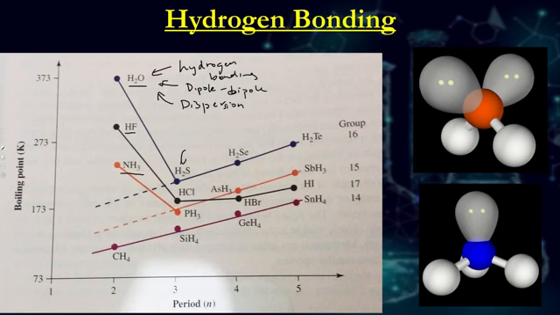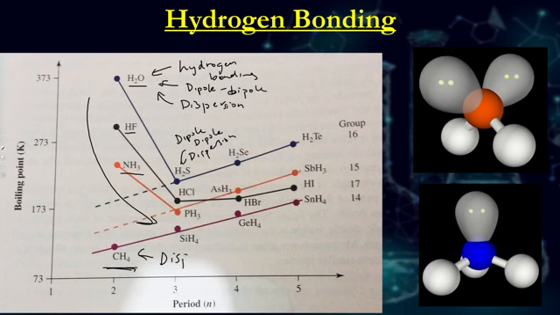Whereas something like hydrogen sulfide only has dipole-dipole and dispersion. So that's why you see that sudden drop in boiling point in comparison. And then you have methane here, which doesn't have dipole-dipole or hydrogen bonding, and it's only got dispersion forces.